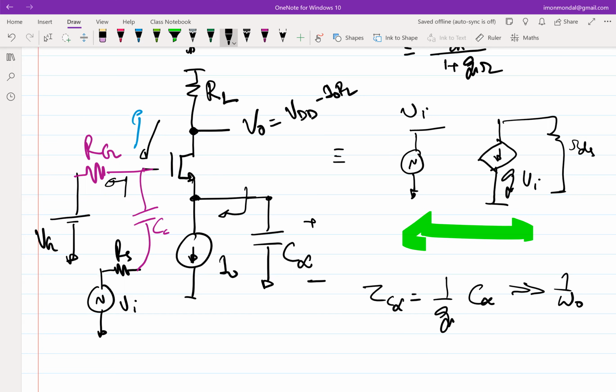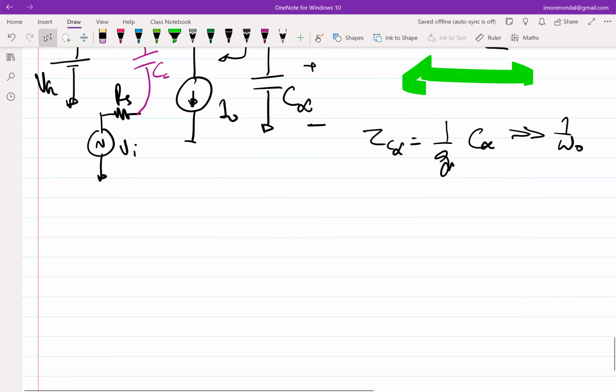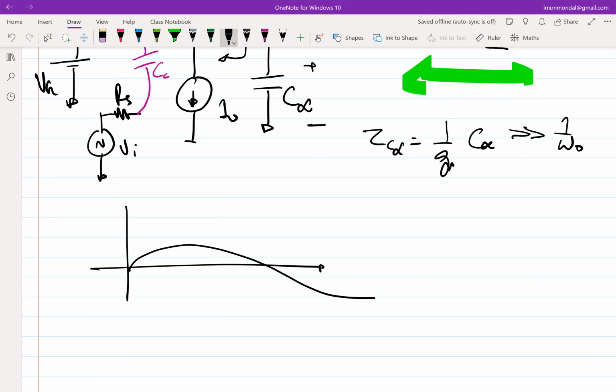Another way of looking at it boils down to the heart of why a capacitance gives you large impedance at low frequency and low impedance at high frequency. It basically boils down to the fact that you are integrating a current, right? Let's assume this is a low frequency current, and this is a high frequency current.